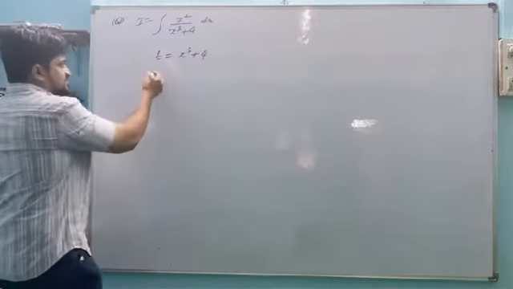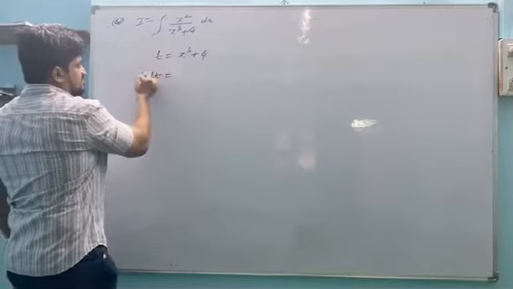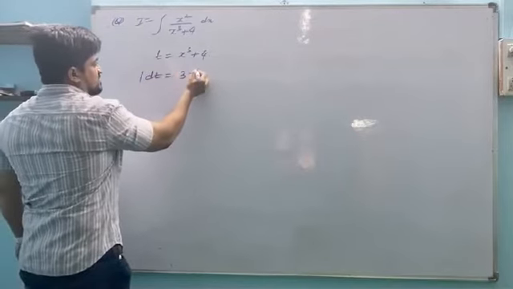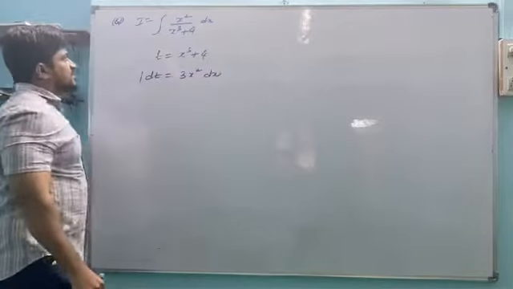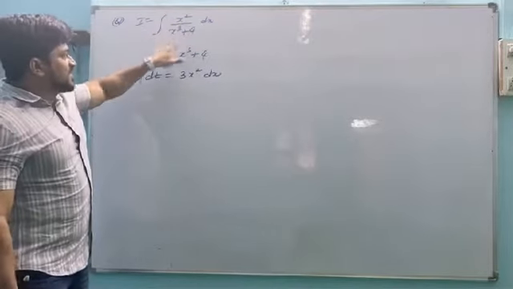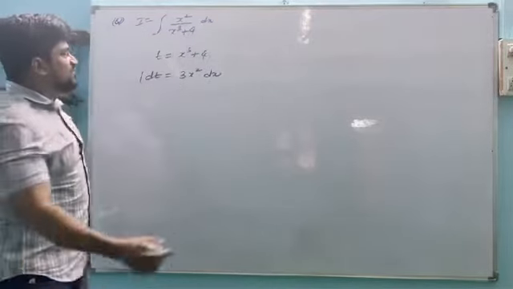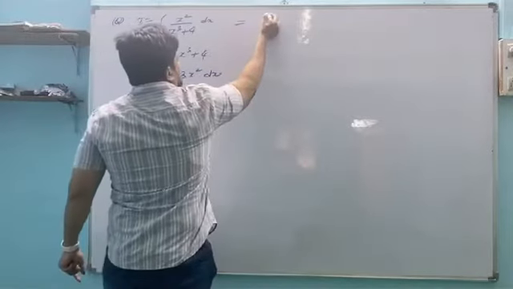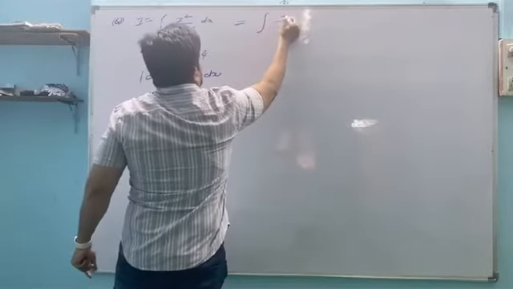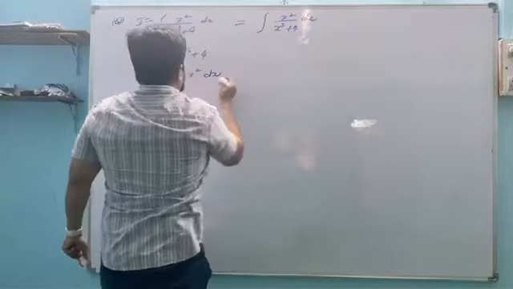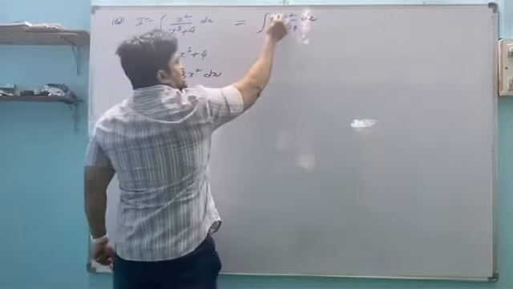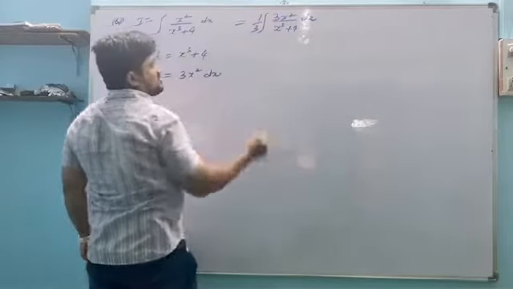Differentiating this, we get 3x square plus 0 dx. x square is there but 3x square is not there. So what will we do? We need 3x square, so multiply and divide by 3.